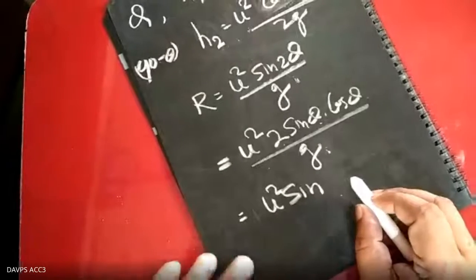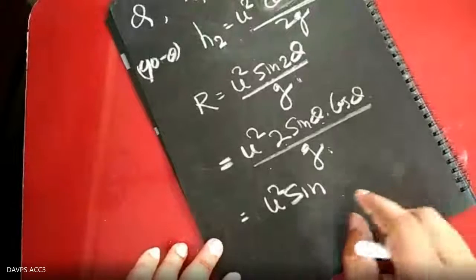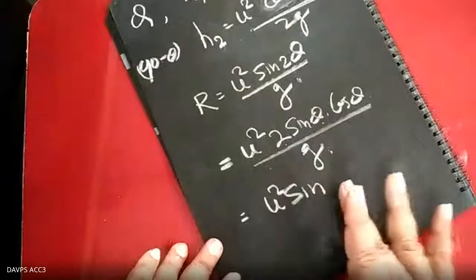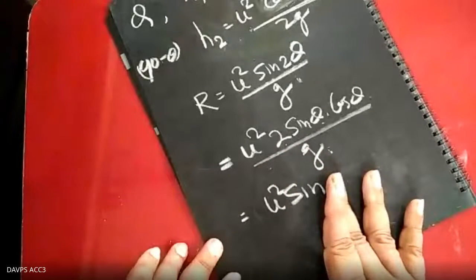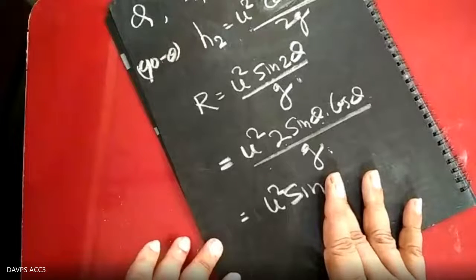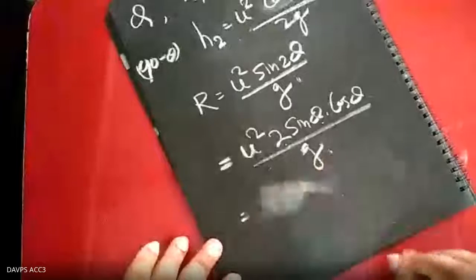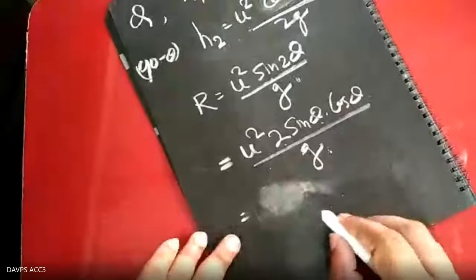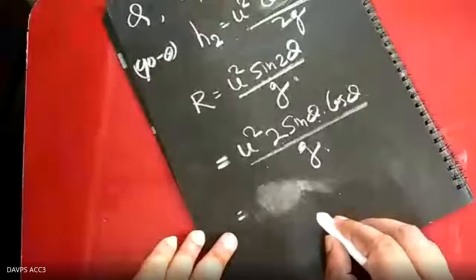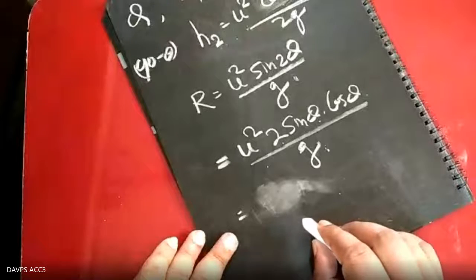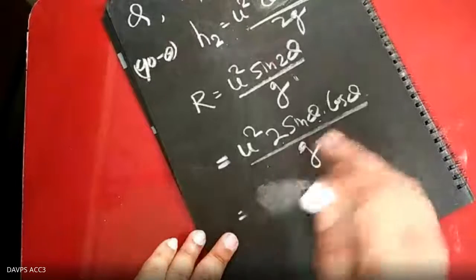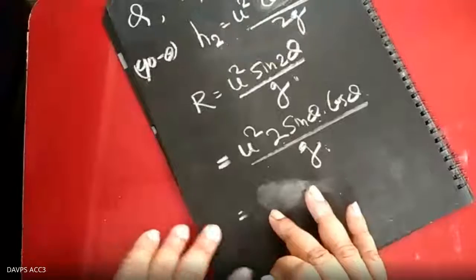So how can you write here now? If you enter h1 and h2 here, what will be its value? If you multiply h1 and h2, you have to adjust here. We will be finding 4 into the under root of h1 h2.